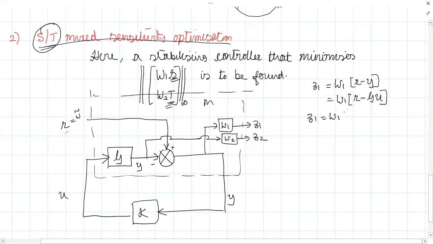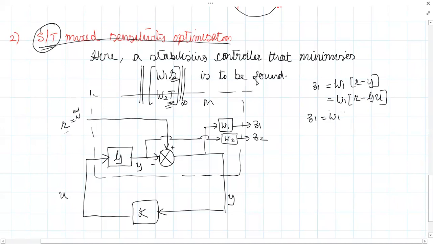So what is the exogenous input here? What do you mean by exogenous input? Anything that is coming from outside to the plant. In the previous case, we considered disturbance. What's the exogenous input here? R, correct. That is the exogenous input here.